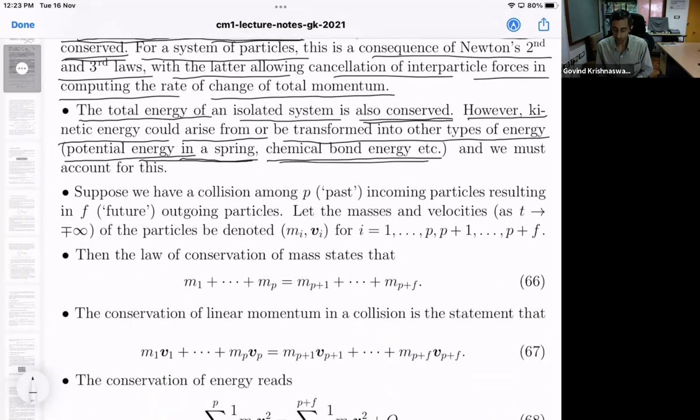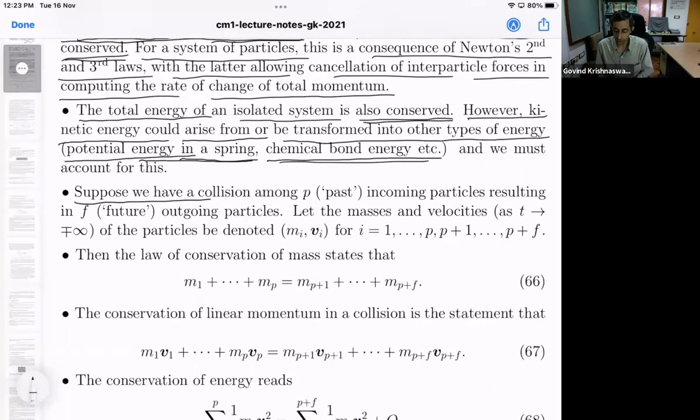So let us now write down the conservation laws. To be specific, I will write it in some general fashion, but then we will soon specialize to a simple case. So any questions so far? Okay.